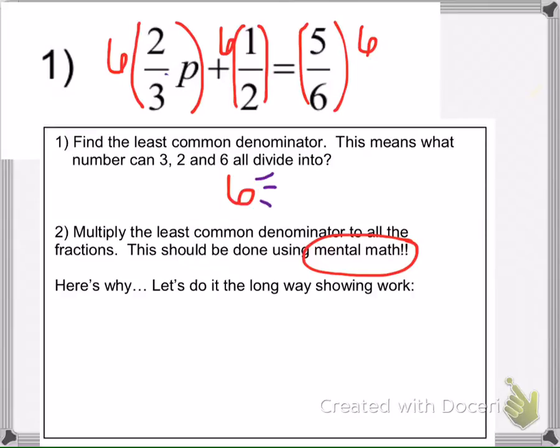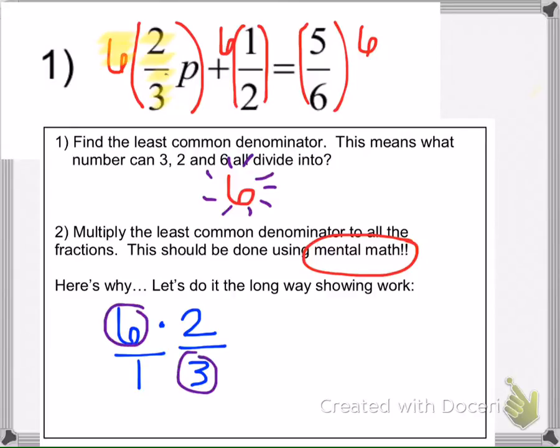So the reason why we selected this number here is because when we take this 6 right here and multiply it to 2/3, let me show you what's happening here. When you multiply, we've learned from the class before that you could take these two numbers right here and simplify them and divide out the common factor. So 3 can go into 3, and 3 can go into 6.